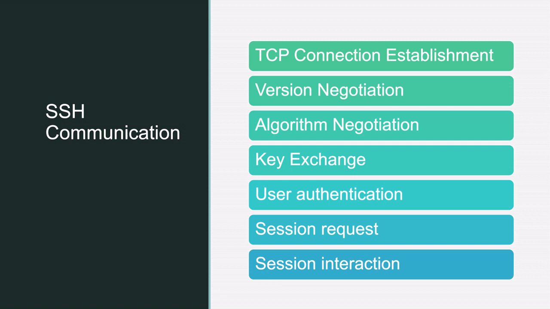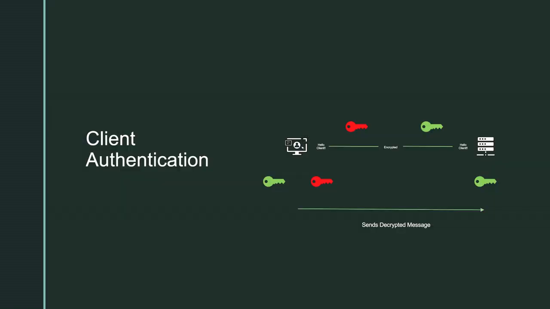Now let us try to understand a bit more about the client authentication. As I said, we are using the SSH protocol between client and server for a secure communication. Both parties, the client and the server, will have their own set of public and private keys. In this case, we are trying to understand the client authentication.